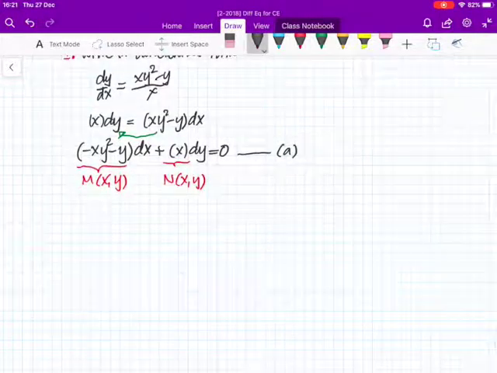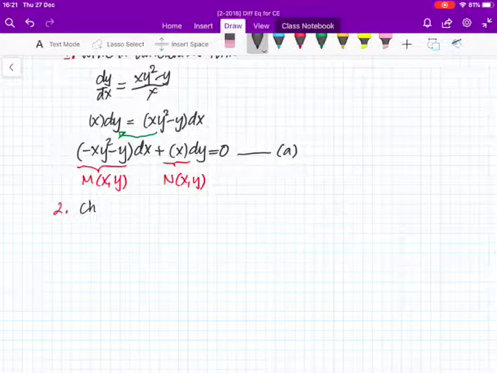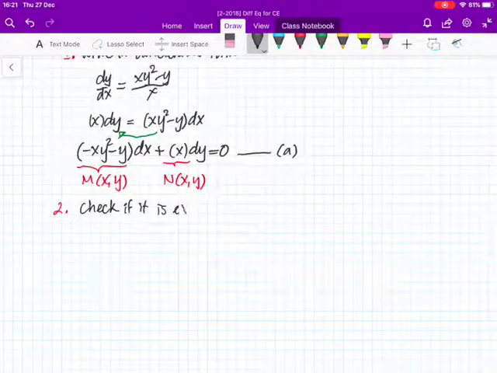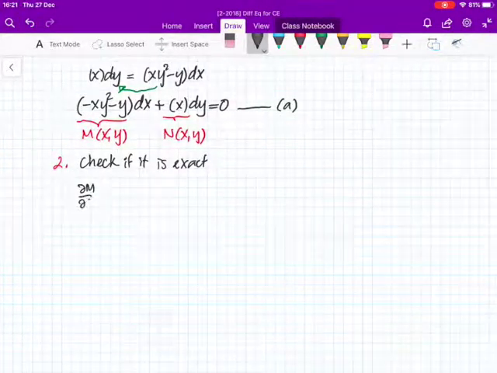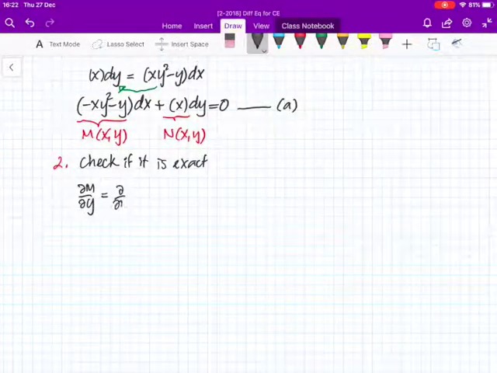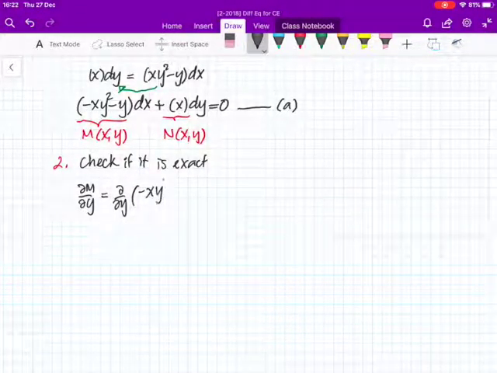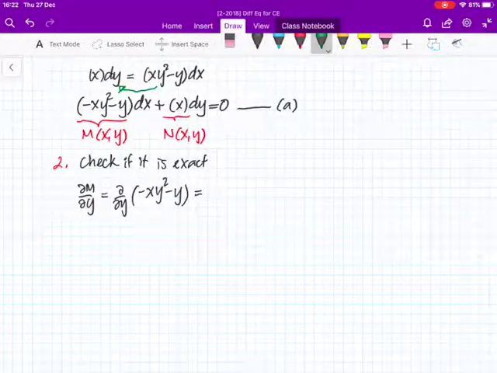Okay, so step 2, you have to check if it is exact. Check if it is exact by the partial derivative of M with respect to y, which is a function of y, like this. You do the partial derivative only with respect to y.